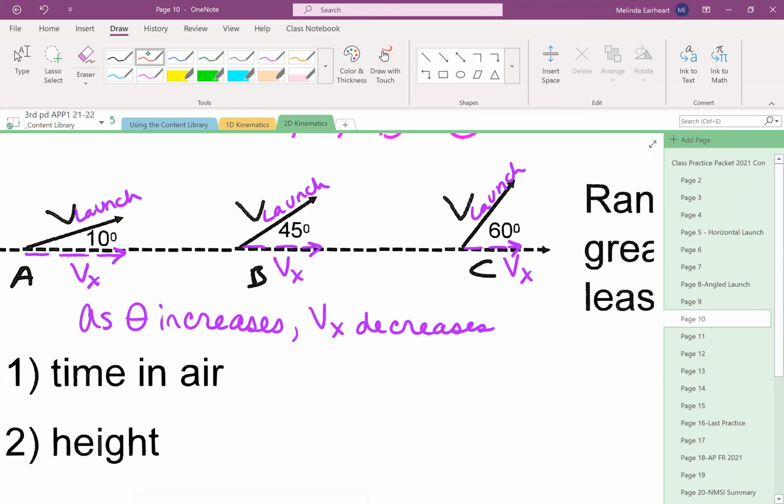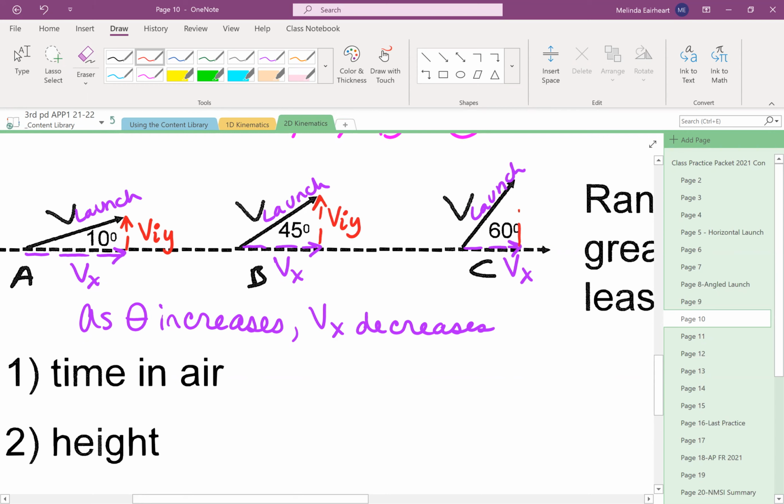What about the vertical direction? And so go back to A, we're at 10 degrees. Well, that's close to the x-axis, not very vertical, right? Now notice I'm putting an I on that one. I didn't on horizontal because constant velocity, but vertically, you start with an initial velocity and gravity is going to change it. And then 45 degrees, well, that becomes more vertical.